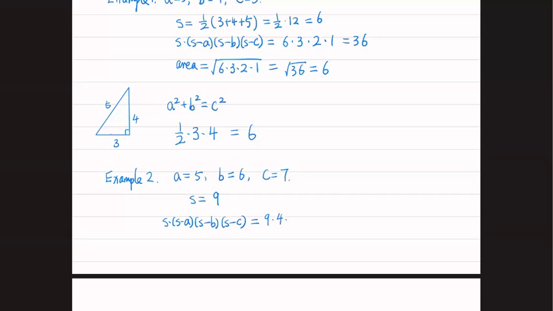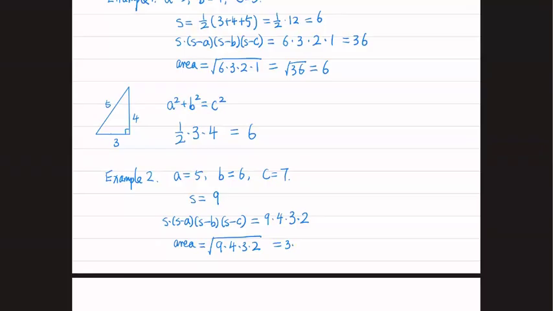S minus B, 3. S minus C, 2. Then we take a square root. 9 gives us 3, 4 gives us 2. 3 and 2 we cannot go any further. Root of 6.